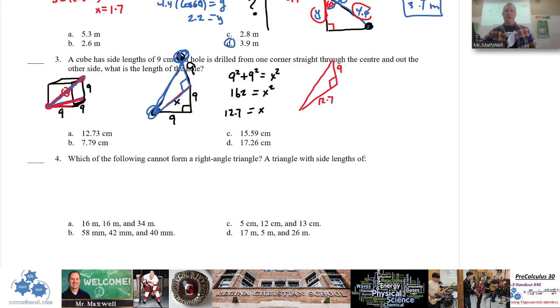Okay, so again, this first triangle is laying on the ground here. See, it's laying on the ground. Half of the bottom face of the cube. And then the second triangle is kind of slicing through the cube. So let's do 12.7 squared plus 9 squared equals, we'll say this is y. This is what our answer is going to be, y squared.